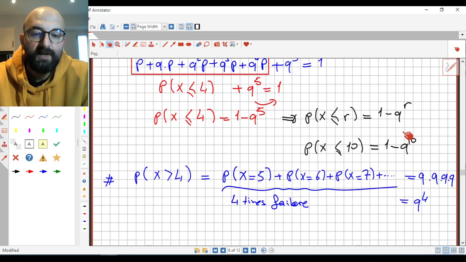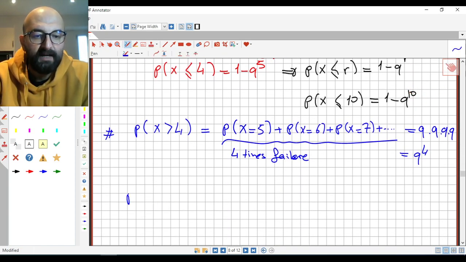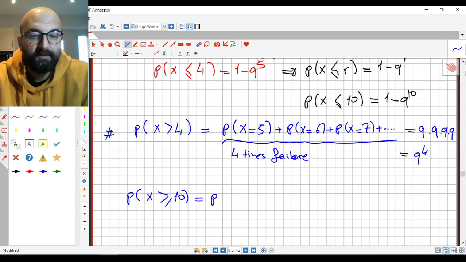Okay, for example, if you want to get success greater than or equal to 10, it is the probability of x greater than 9.